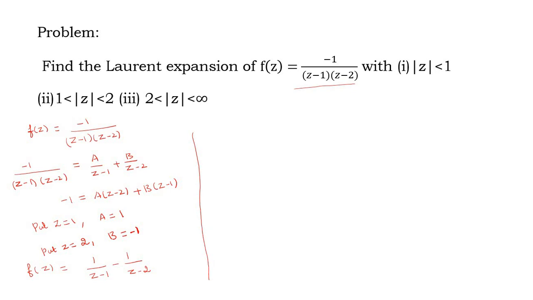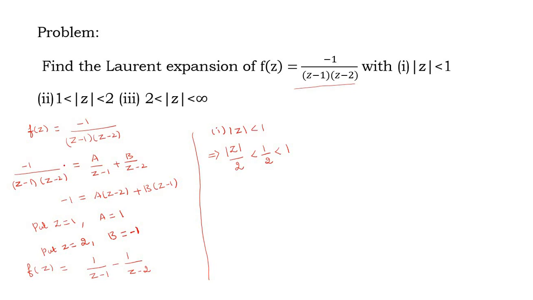Now we are going to consider the first one. The first condition is given mod z strictly less than 1, which implies you may take mod z by 2 also less than 1 by 2, which is less than 1, because we have two factors, one is z minus 1, another one is z minus 2. Z minus 1 is obvious for mod z less than 1, so only the second one needs to be modified.